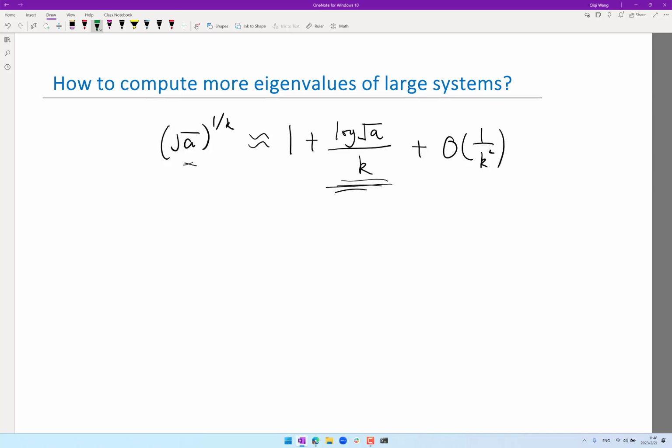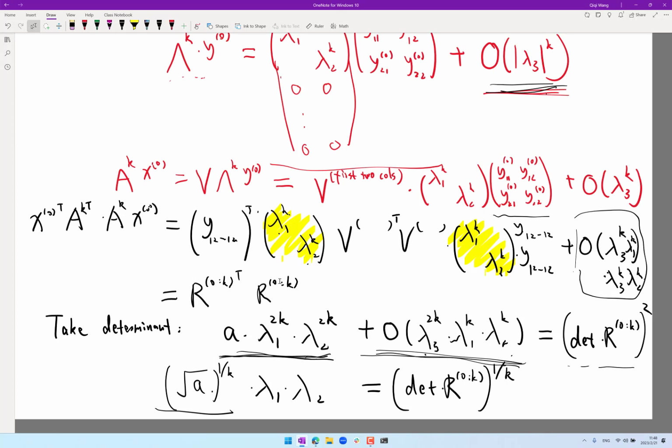So we have proved that this algorithm gets us the product, but you can almost think of a byproduct of this algorithm as actually the largest eigenvalue. Why?